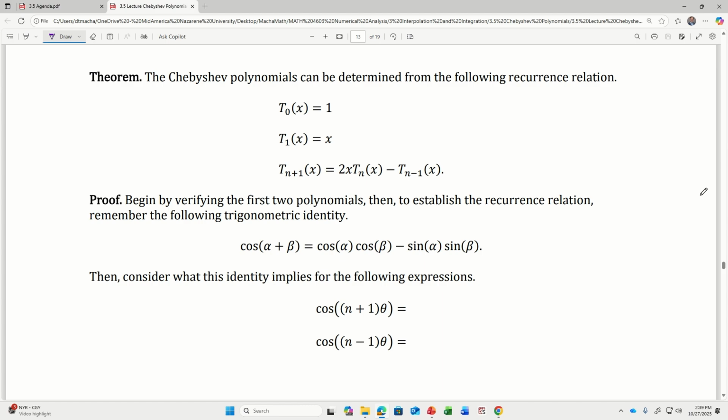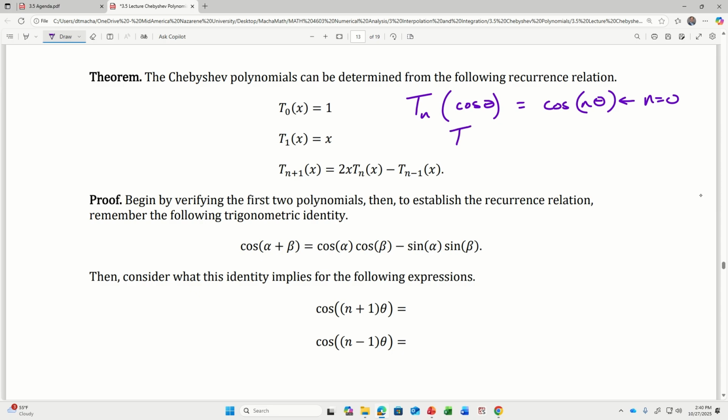So if I want to prove this, we are going to begin your proof just by verifying that, from my definition of Chebyshev polynomial, that this works. When n is equal to 0, cosine of 0 is 1, and so my polynomial should be 1.